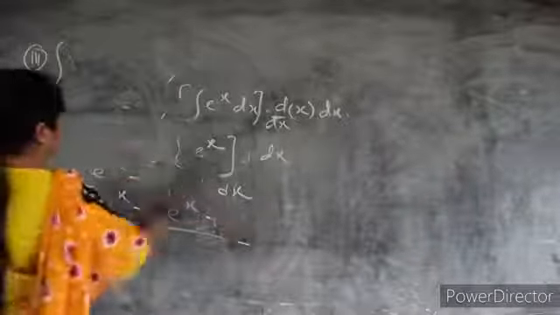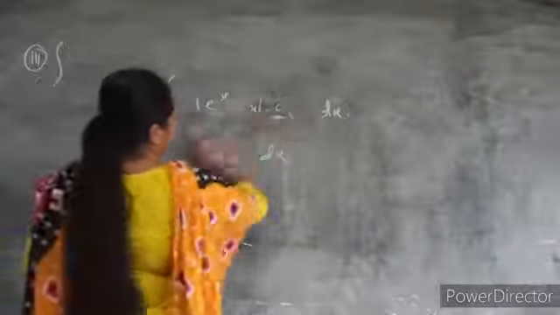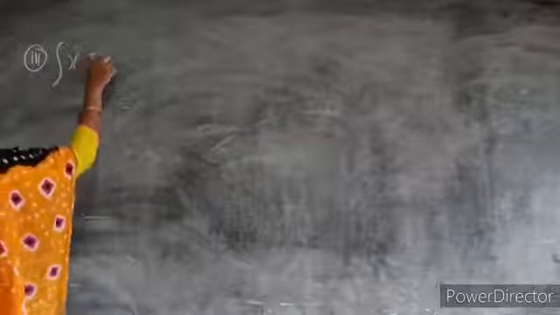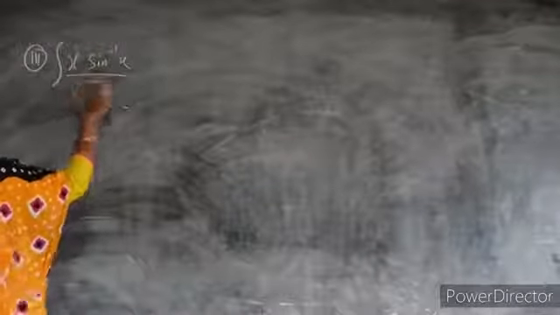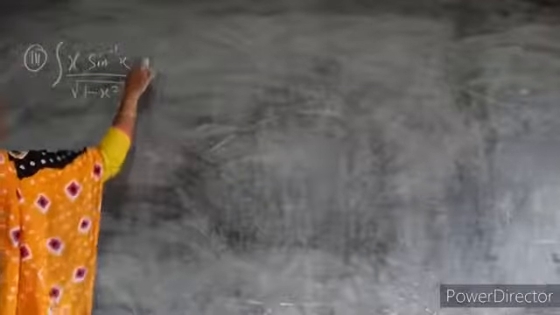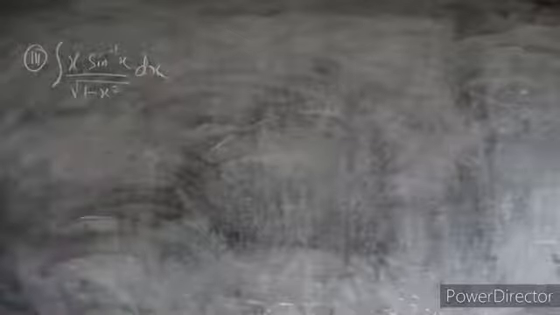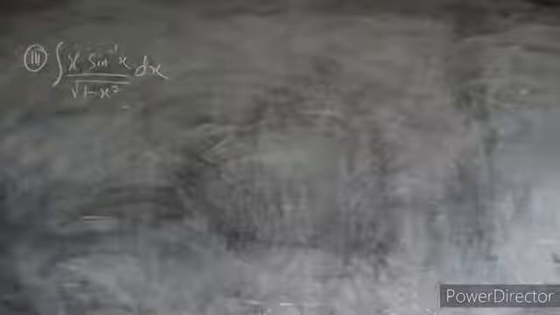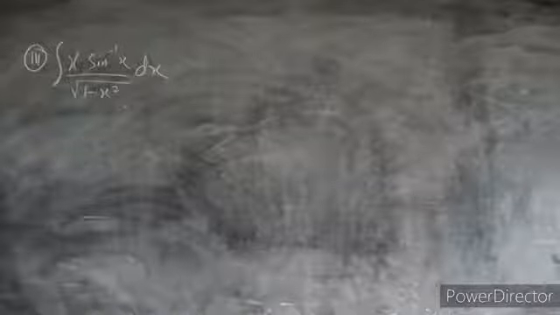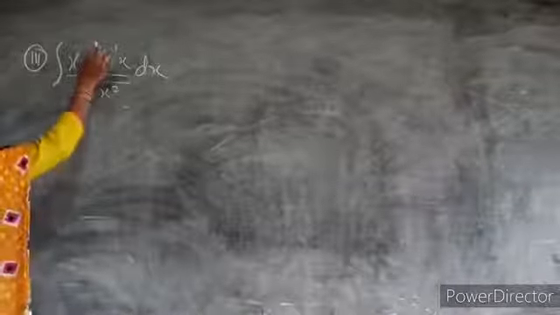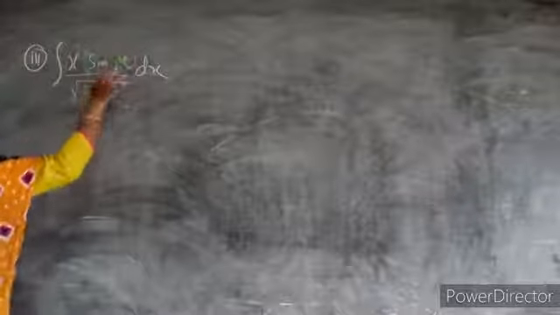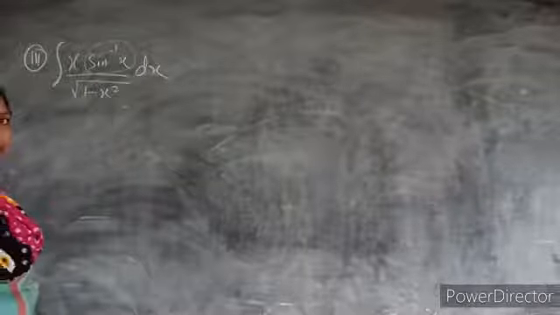Suppose this time your question is integration of x sin inverse x upon root over 1 minus x square dx. If your question is to find the integration of this, what we can do is take the inverse to be your first function.